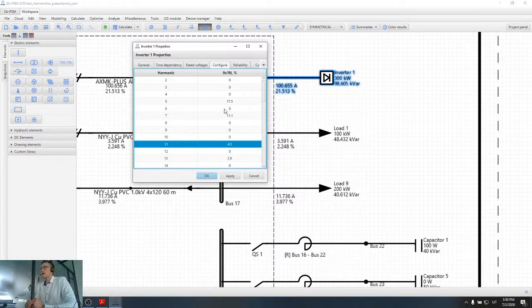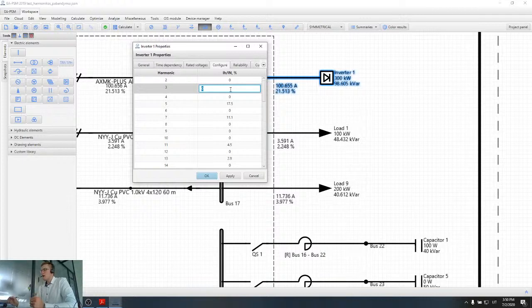And these types of power sources also inject 3rd harmonics into the network. So basically, software is also capable of calculating these harmonics. I just have to specify what is the level of the 3rd harmonic, and then I can make the calculations regarding that particular harmonic.